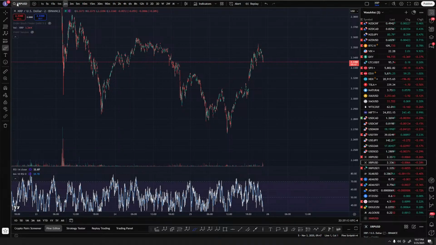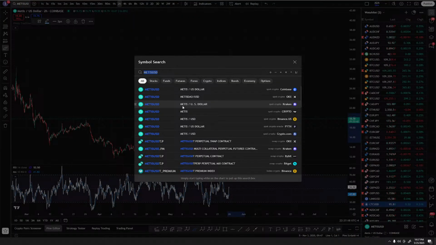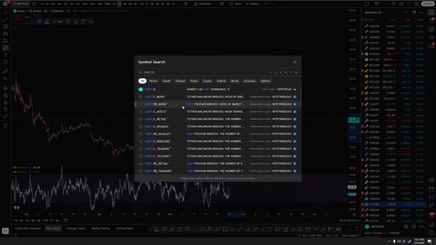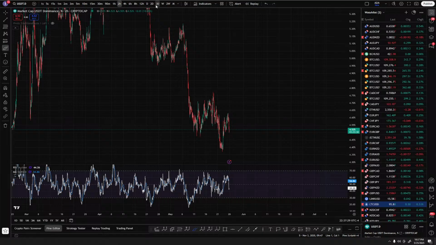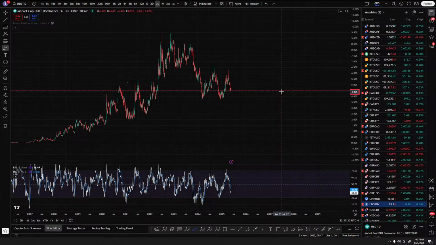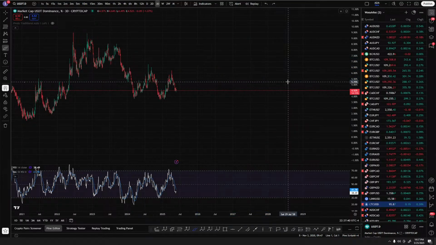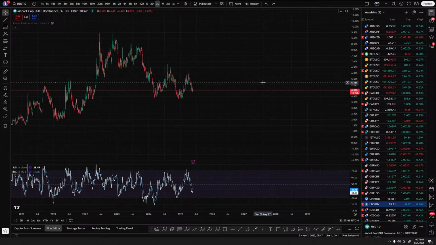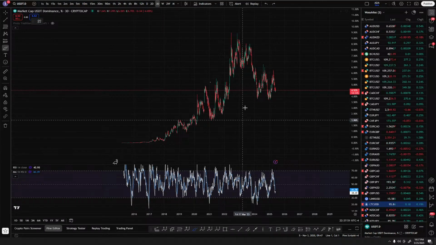All right, let me look at USDT dominance here. That looks bearish. Well, I mean, at one level it looks bullish, right?